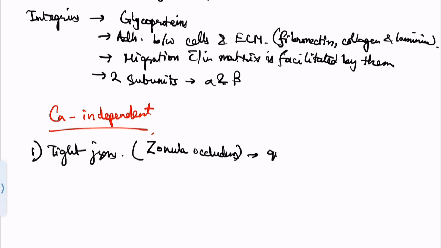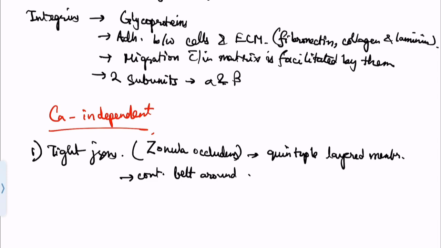It's like a quintuple layered membrane, a continuous belt along the cell perimeter near apical surface.